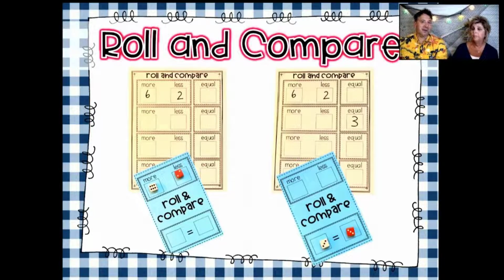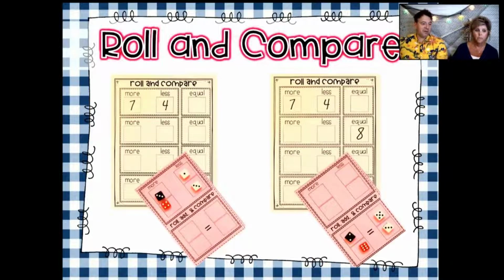A lot of times we'll play a more or less game and equal doesn't matter; you roll again. Here we really want them to understand the concept of equal. So if they roll 2 dice that are equal, like you see in the second picture, they have to identify that, put it in an equal spot, and write that in the equal box on the recording sheet. We have to understand that the concept of equal needs to be just as important as more or less, so they understand it as they go.